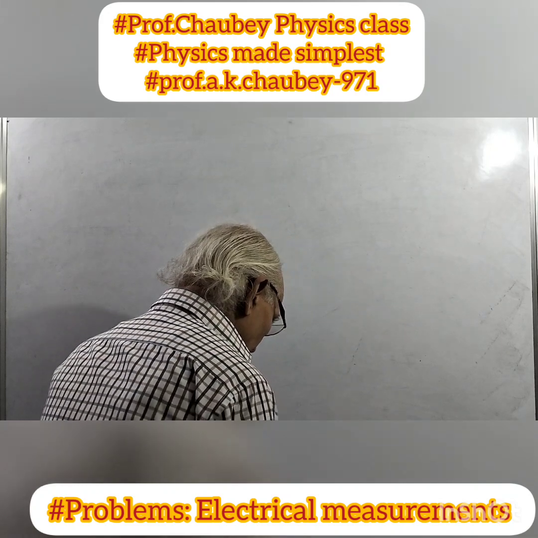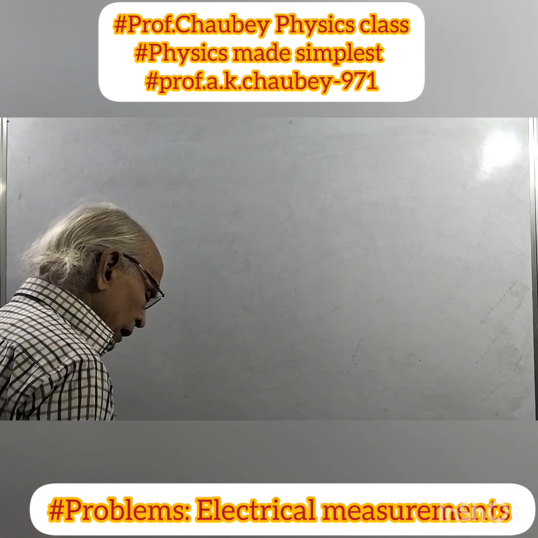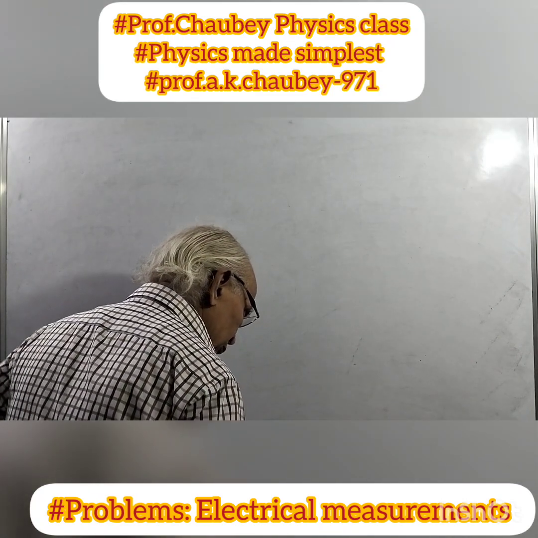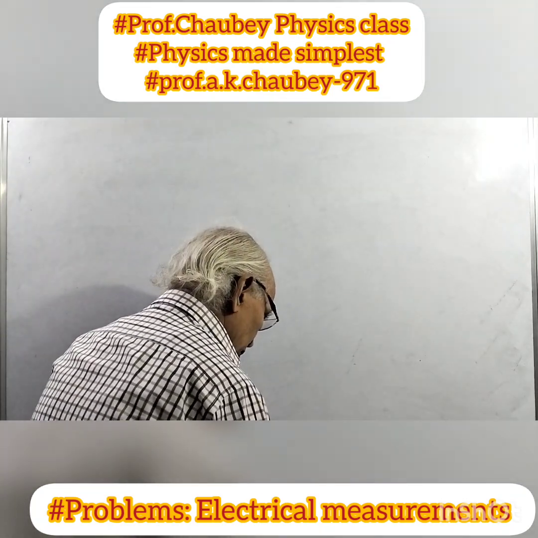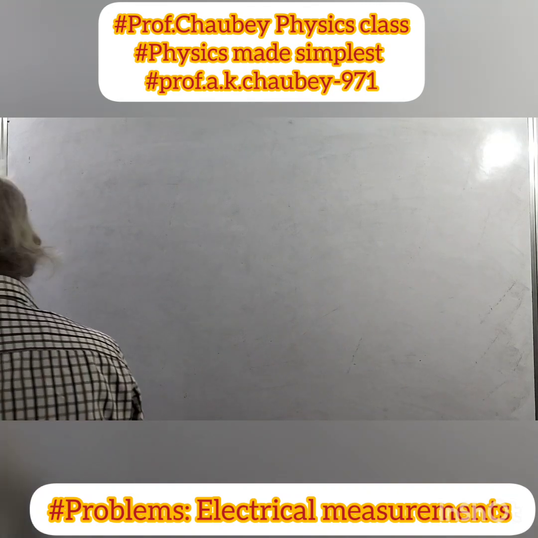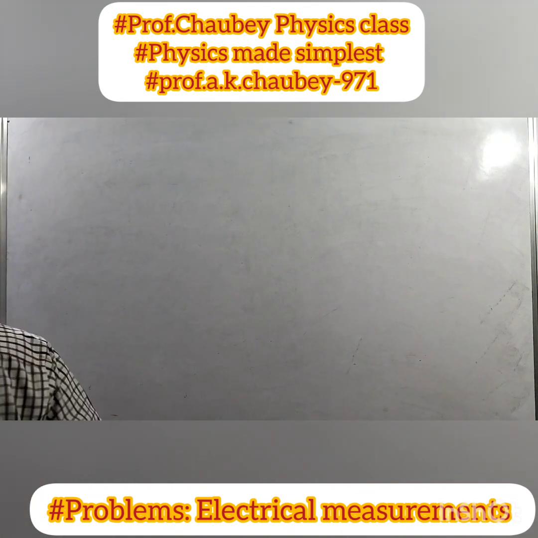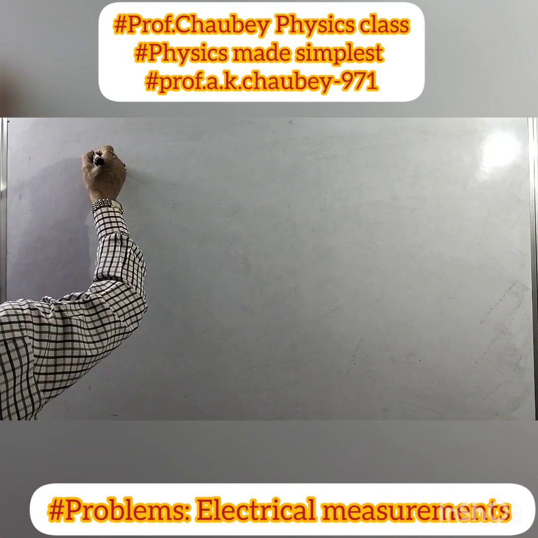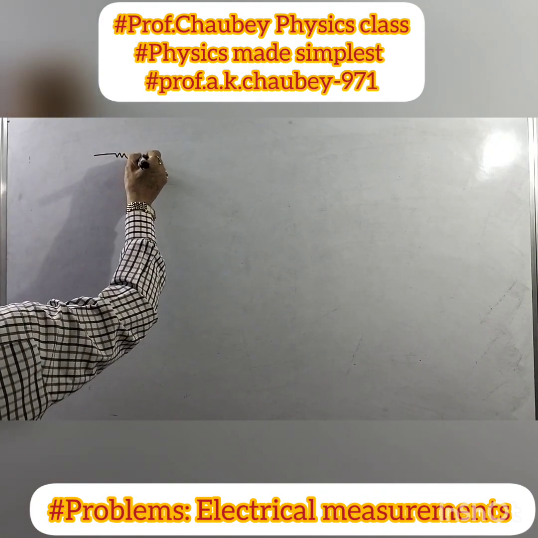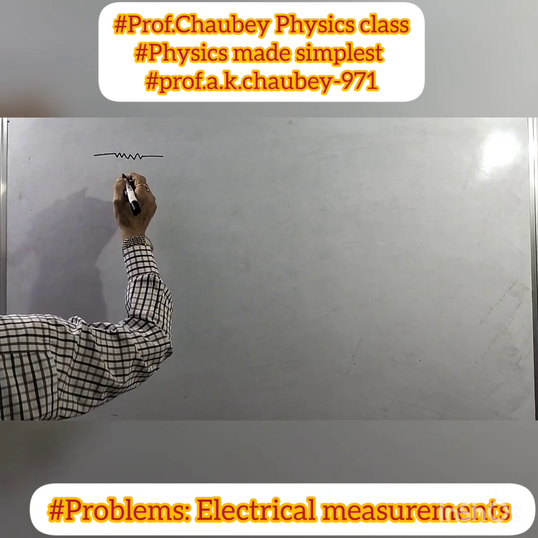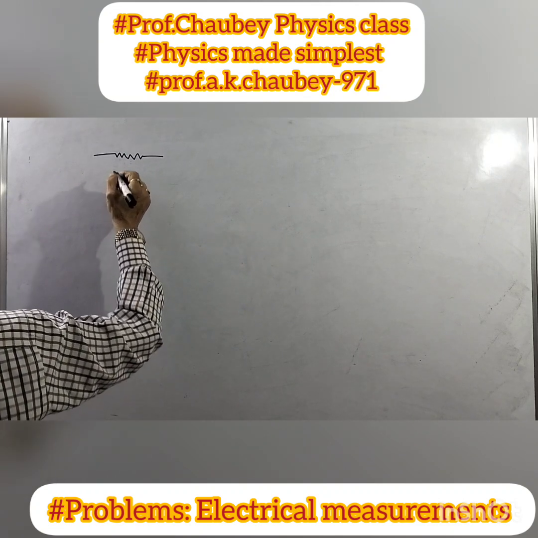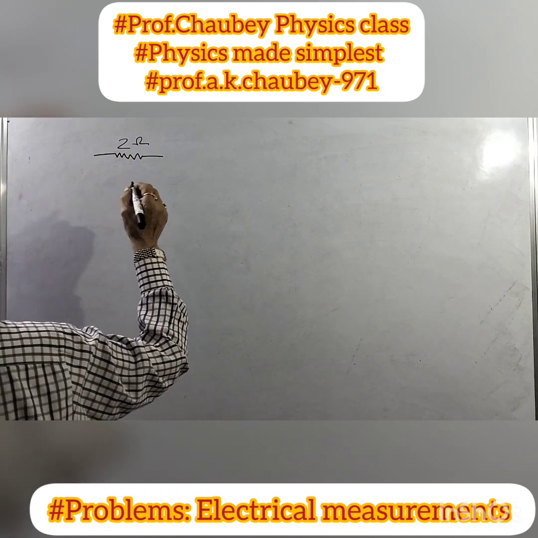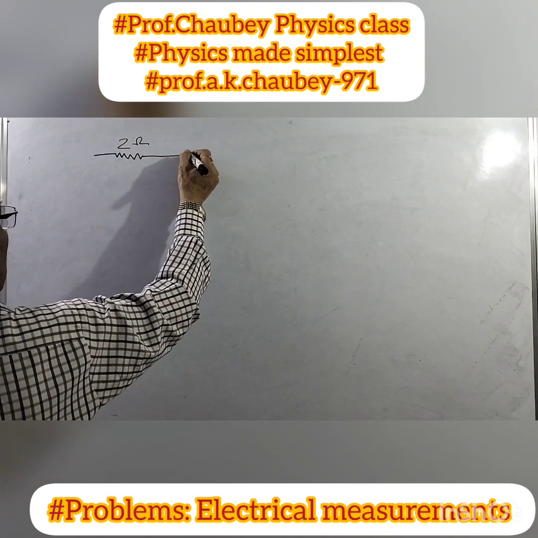Okay, now I make another circuit and I try to solve that circuit. I have a simple circuit, as given. I have a resistance of 2 ohm here, and a battery of 6 volt.